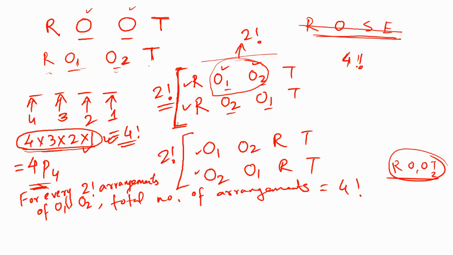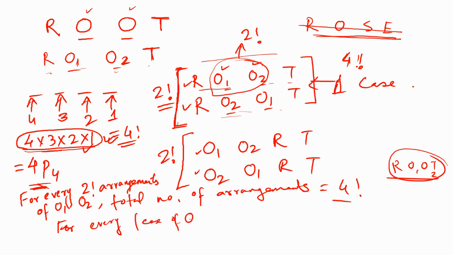Actually, we need one such case. Even if it is O1 O2 or O2 O1, we don't care, right? We only need one such scenario from this. We need only one case. So for 2 factorial arrangements, the total is 4 factorial. So for every one case of O1, O2, the total number of arrangements will be 4 factorial divided by 2 factorial, right?